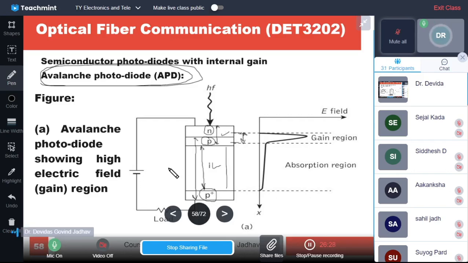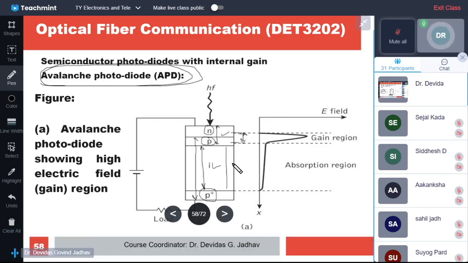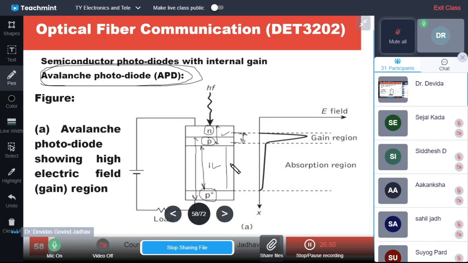Whenever the electron, while being collected, crosses the junction, it undergoes a very high electric field. Already this electric field is there in the intrinsic region. As soon as the electron hole pair is generated, they undergo very high acceleration and velocity. Due to the acceleration and velocity, the electron has very high momentum. Momentum is mass into velocity. It also has kinetic energy, half m v square.